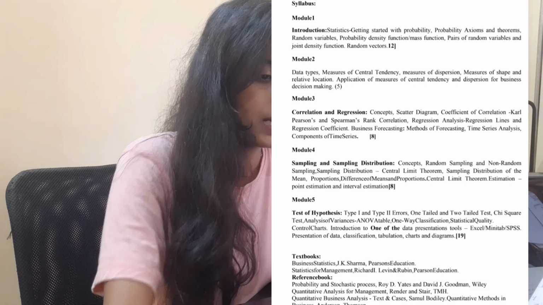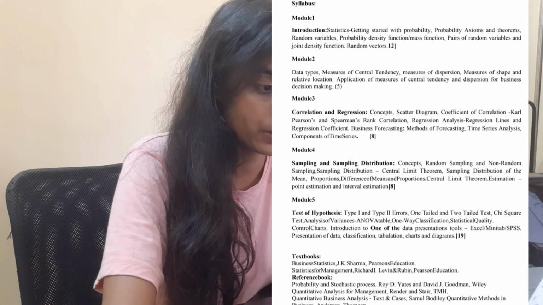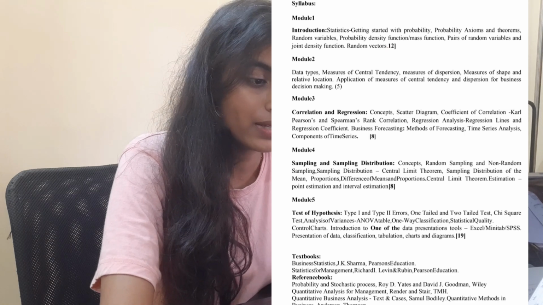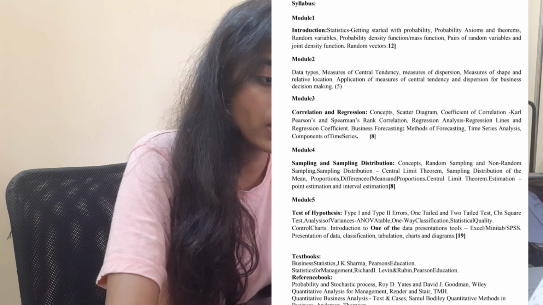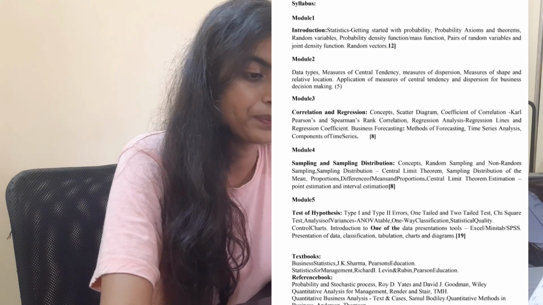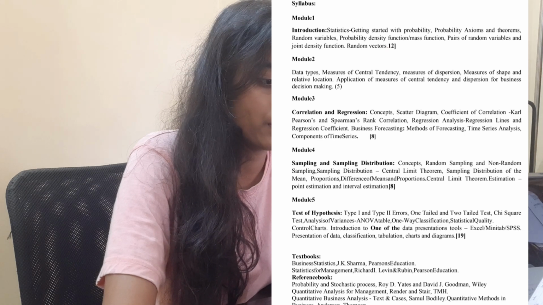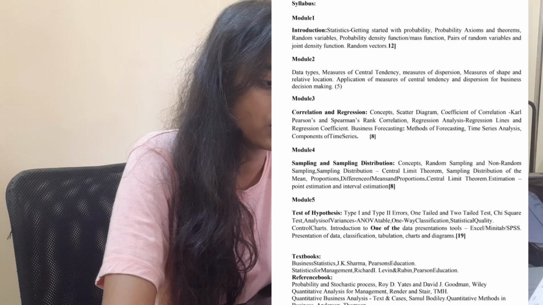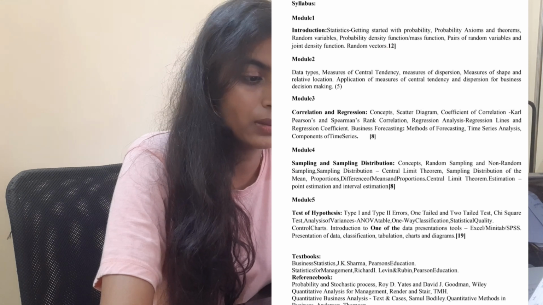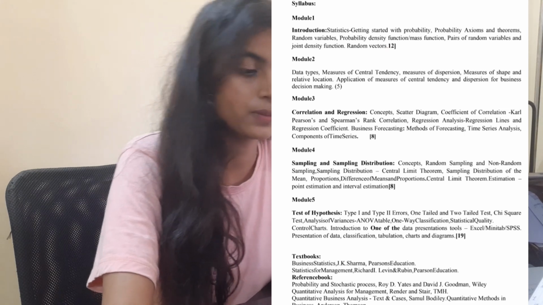Fifth module is test of hypothesis, in which type 1 and type 2 errors, one-tailed and two-tailed test, chi-square test, analysis of variance, ANOVA table, one-way classification, statistical quality control charts, introduction to one of the data presentation tools, Excel, Minitab, presentation of data, classification, tabulation, charts and diagrams.